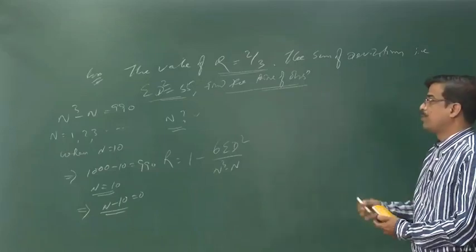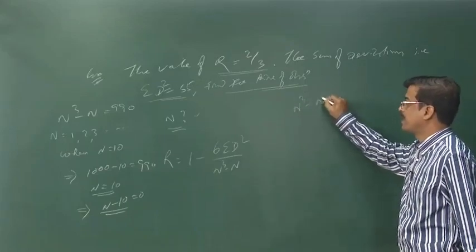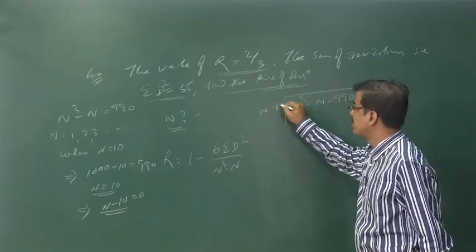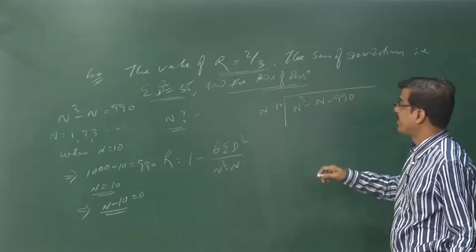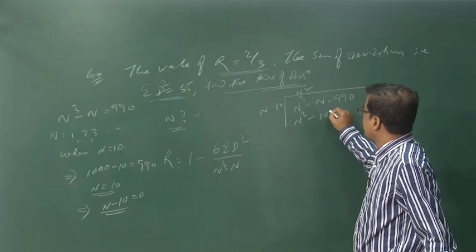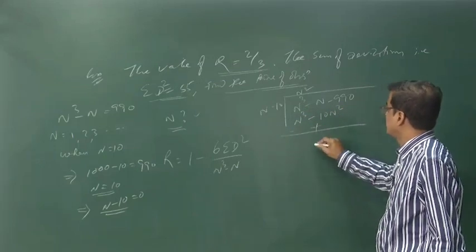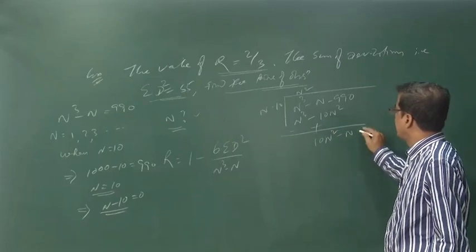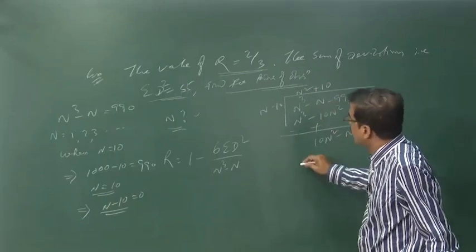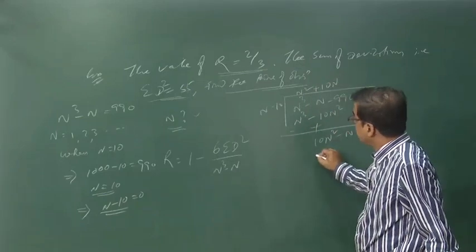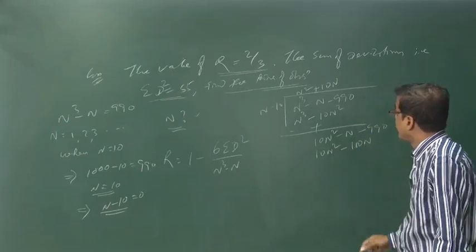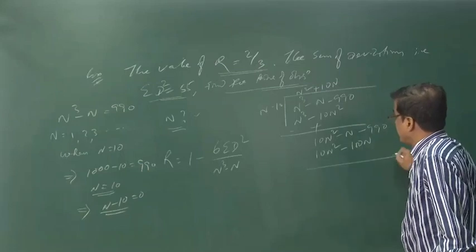Let us say we know the equation is n³ minus n minus 990. Right now we have to divide it by n minus 10, because n minus 10 is a divisible factor. Here you put n², then n³ minus 10n². When we deduct it, we get 10n² minus n minus 990. Now put 10n, then it becomes 10n² minus 100n.